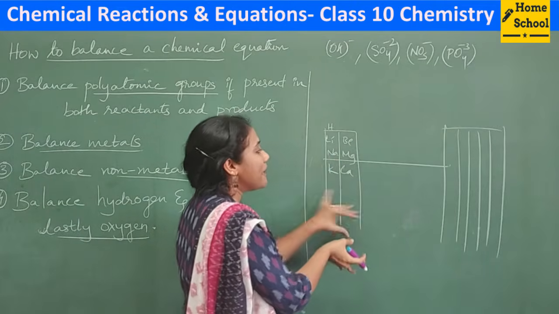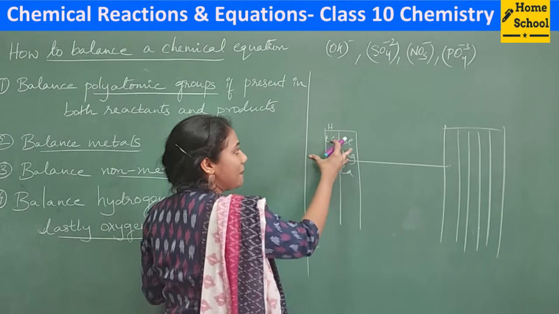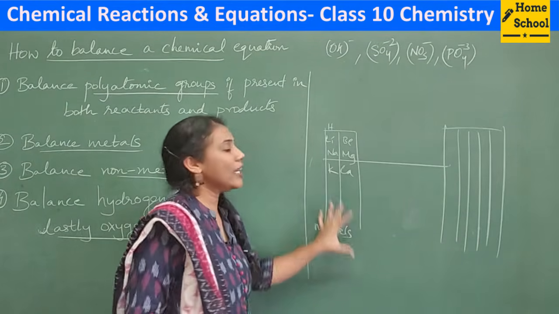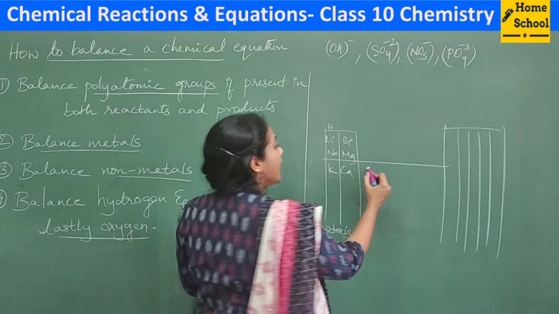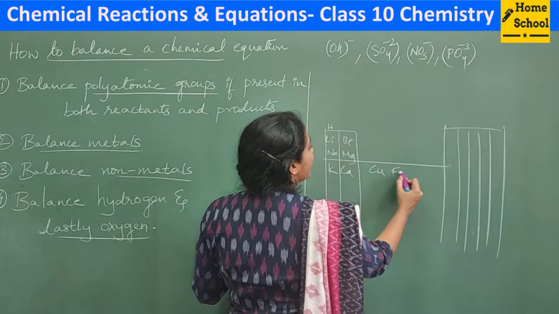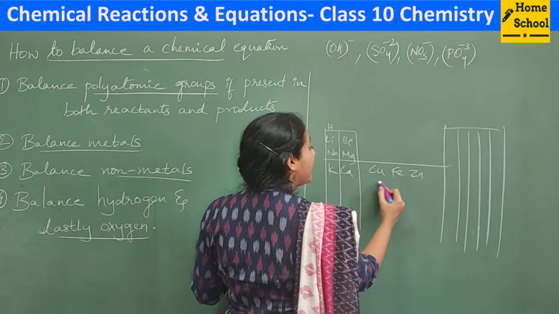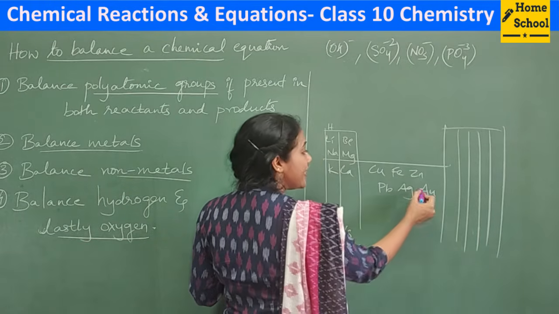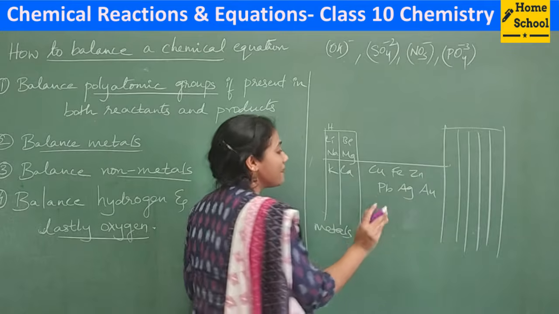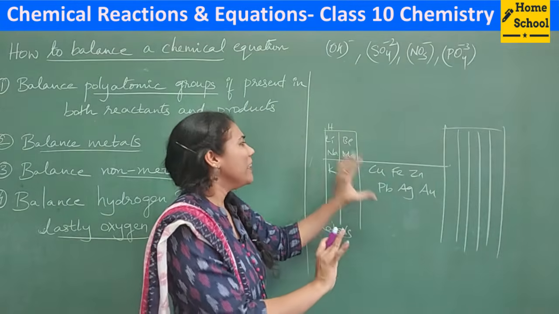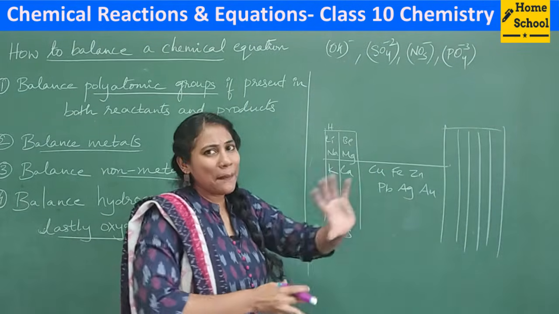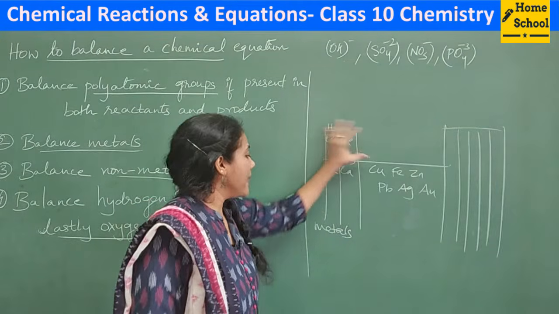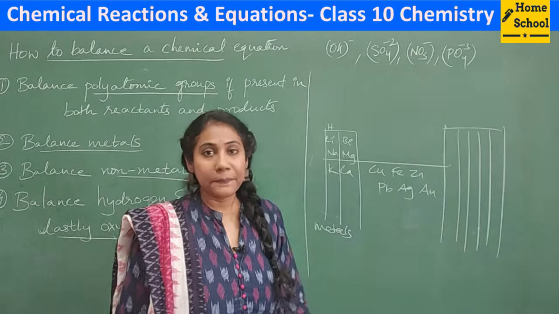All these elements present on this side are called metals. Also elements like copper, iron, zinc, lead, silver, gold are called metals. Just remember, only these elements would come across in your syllabus, so try to remember them as metals.